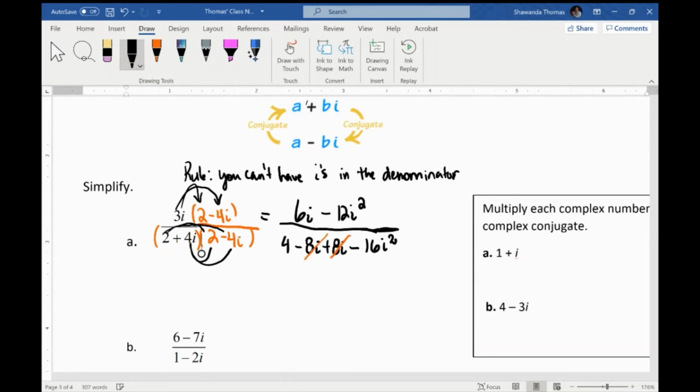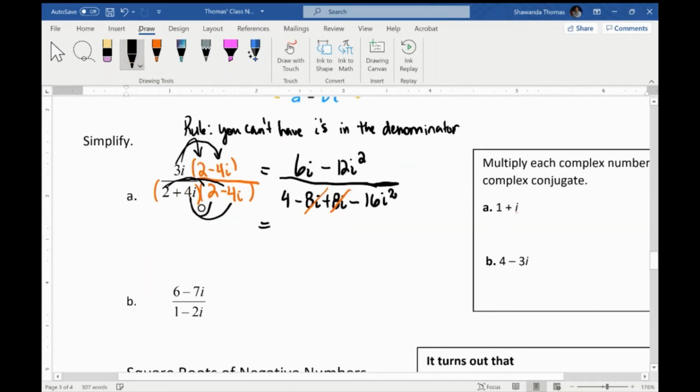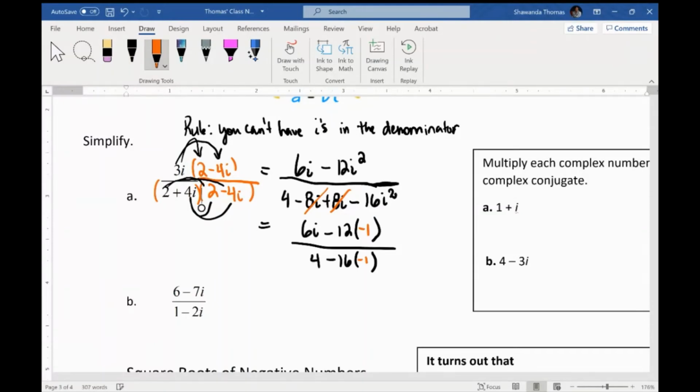So we have 6i in the numerator minus 12 times what number? Negative 1. Over 4 minus 16 times another negative 1. So I'm going to flip this 12 in the front. So in the numerator, we have a 12 plus 6i over what number so far?